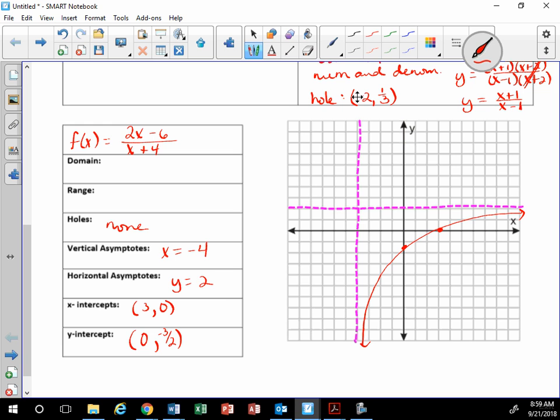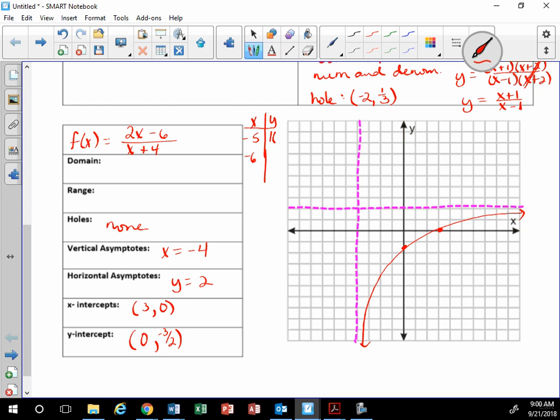We got to find just a little bit out about the other side. It's not going to have to be perfect, but I want at least a couple points over there. So the vertical asymptote was at -4. Let's just think about what we get if I look at x equaling -5 and probably -6. Those are nice and close. You can pick whatever you want over there. -5, what does that give me? 16.